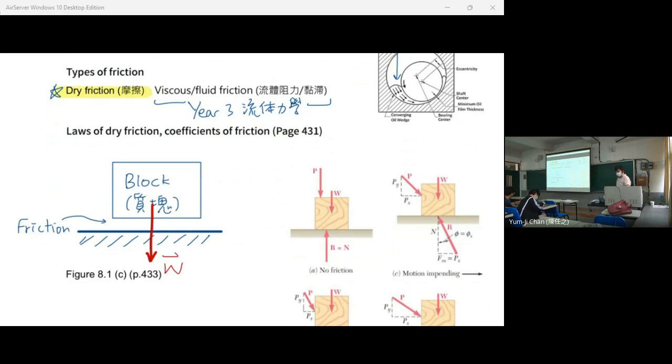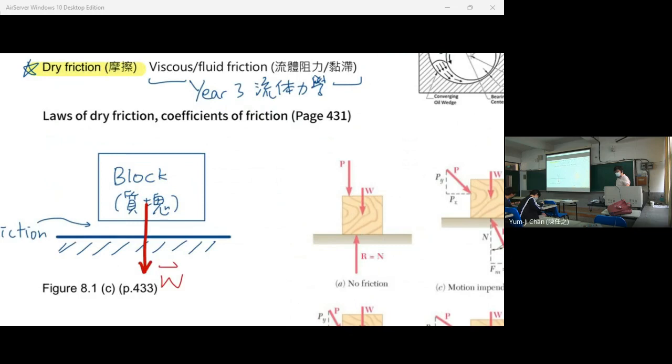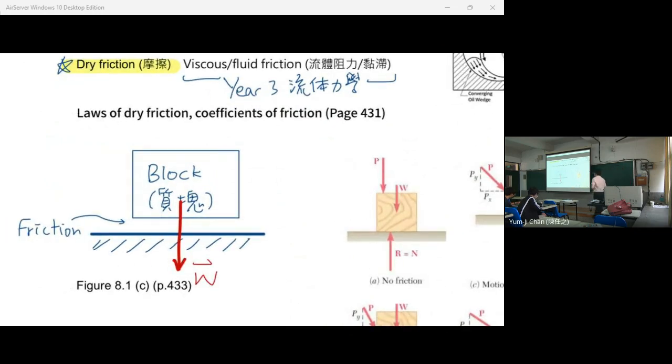Any other forces can we draw on this free body diagram? If you have only W equal to mg, then it will fall down, right? But why does it remain at rest here? Because we have reaction force R here.